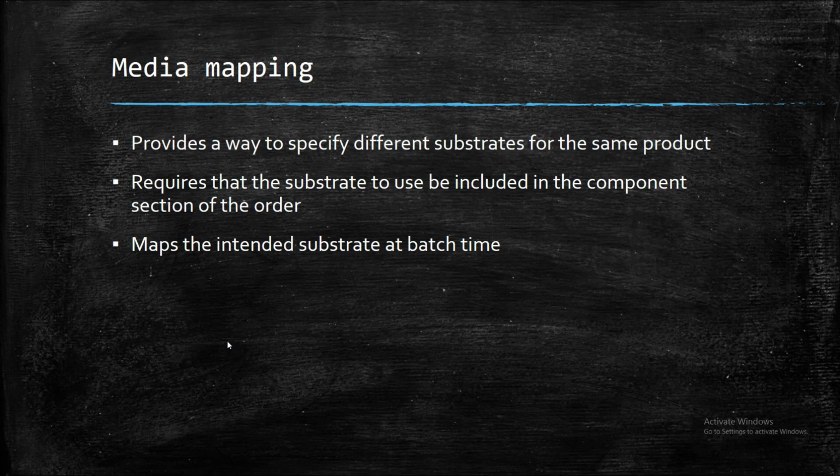So in a sense, we're going to have this media mapping section within the batch definition that has 5 different substrates defined, each one with a specified intent, and as the order comes in and gets processed, we're going to match that up to the correct substrate and ensure that the card gets submitted to press using the substrate that was defined in the order. So very handy feature. Allows you to keep the templates down for products where the only thing that's really changing is the substrate that that product gets printed on.